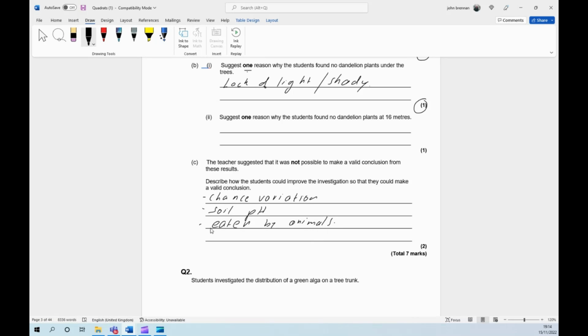You could also say that it had been trodden. If it was a kind of field where a lot of people go walking their dogs, then that particular dandelion area could have been trodden down. Any of these would be worth a mark up to a maximum of 2.